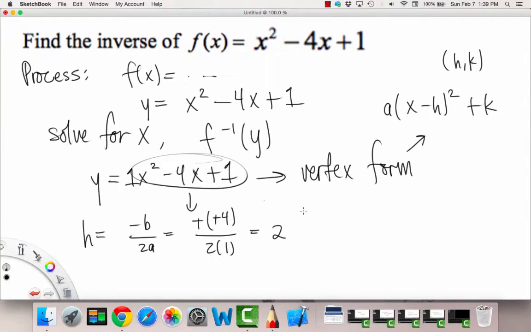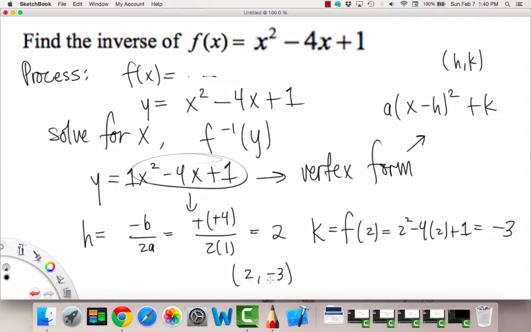That's pretty simple. Then we find our k by plugging h into the function. f of 2 is equal to 2 squared minus 4 times 2 plus 1, which is equal to negative 3. So we found our (h, k), 2 comma negative 3. This is our vertex.